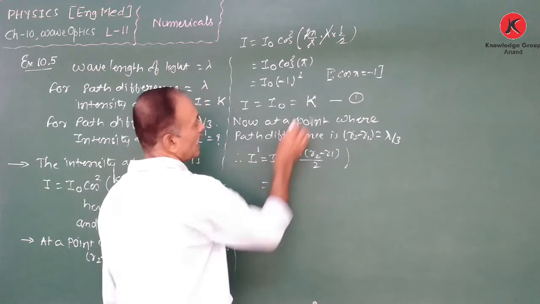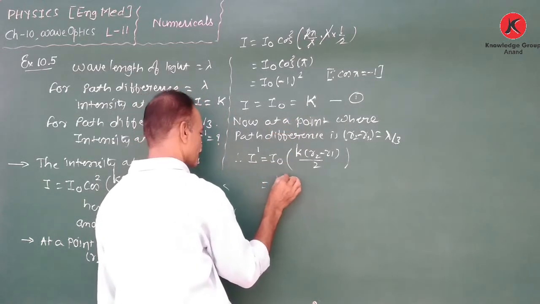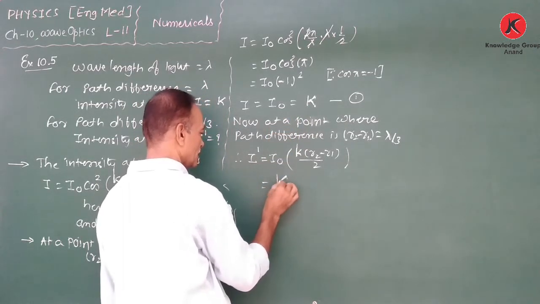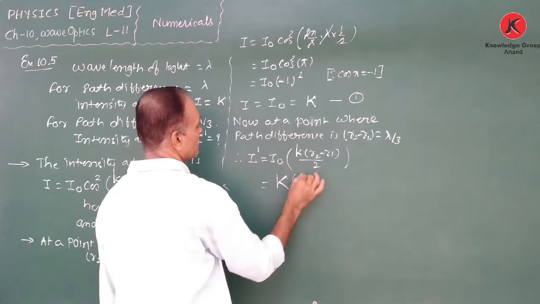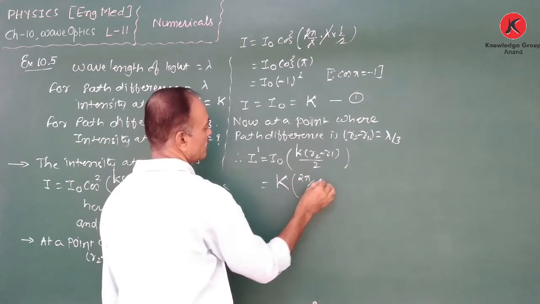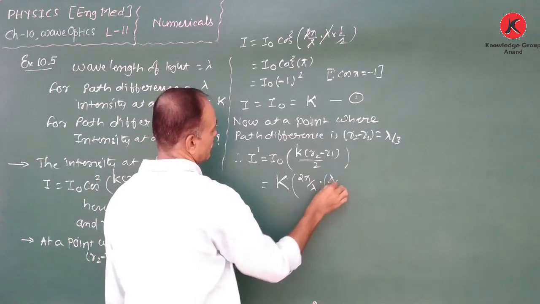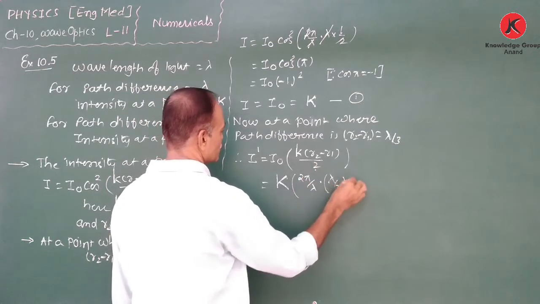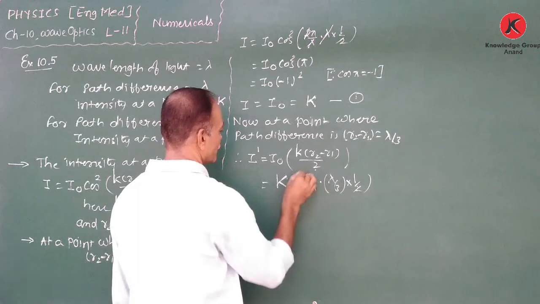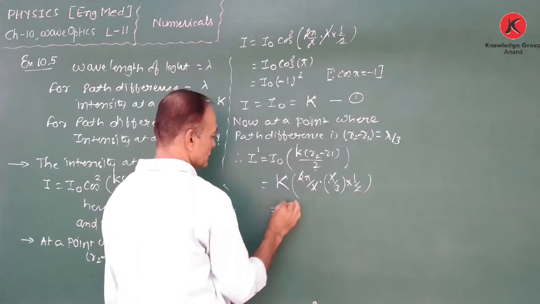Substitute the value, I0 is equal to K, capital K. Now here k is equal to 2 pi upon lambda into the path difference lambda by 3, and this 1 by 2. 2 cancels, lambda cancels.